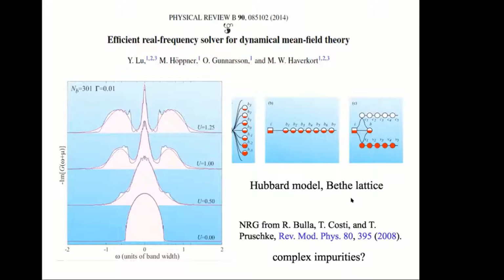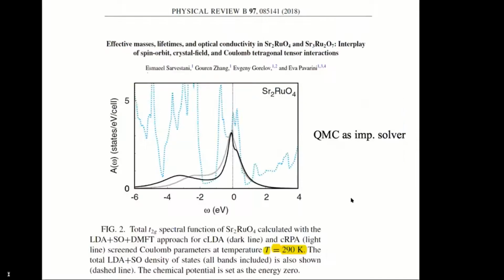So this DMFT is not only able to study model Hamiltonians, but also to treat more realistic systems like this compound, strontium ruthenate, in which in the DMFT equations one can include the spectral density obtained from ab initio calculations, which, as I said, do not treat interactions very efficiently.